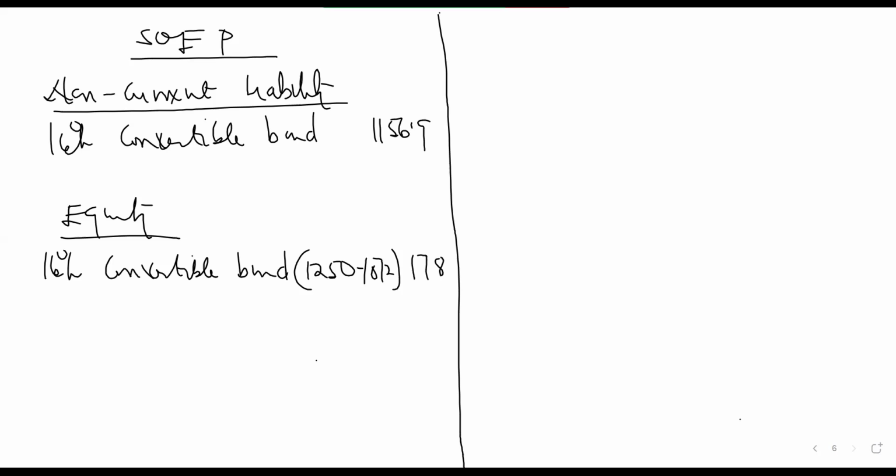I'm asking how do you treat the issue cost if it wasn't included in the effective rate of interest? The issue cost will be shown as a separate item and amortized over the period of the instrument. Okay, thank you.